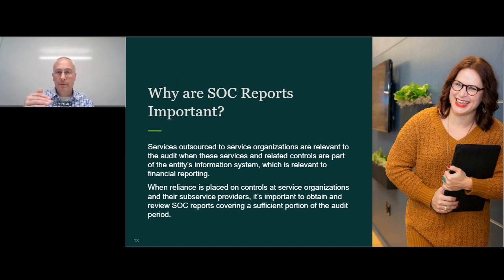So those sub-services are actually, by extension, part of the control environment that we need to consider when we're looking at a SOC report. And these SOC reports will disclose if there is another layer of provider involved in the relationship. That would be a pointer for us to go and look more deeply. So we'll get into this a little bit more, but it's a key distinction to look at what's in play.